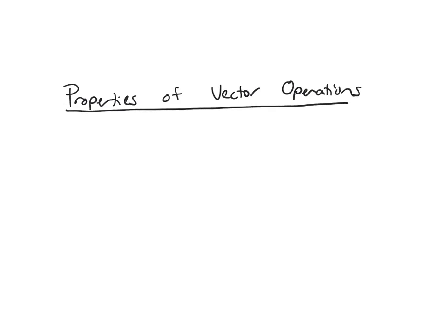So now that we learned about vector operations, we can talk about properties of vector operations. So we're going to assume that we have three vectors, u, v, and w.